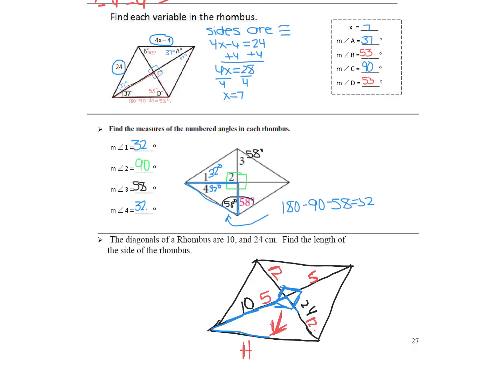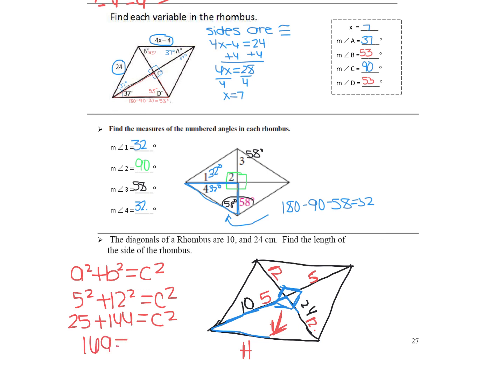Okay, now we don't know the angles at the bottom, so we can't necessarily use our shortcuts. But what we could do is use the Pythagorean theorem because we have the measure of two sides. So 5 squared plus 12 squared. Remember, your hypotenuse always has to go in C. Okay, if we multiply this out, 5 squared is 25. 12 squared is 144 equals C squared.